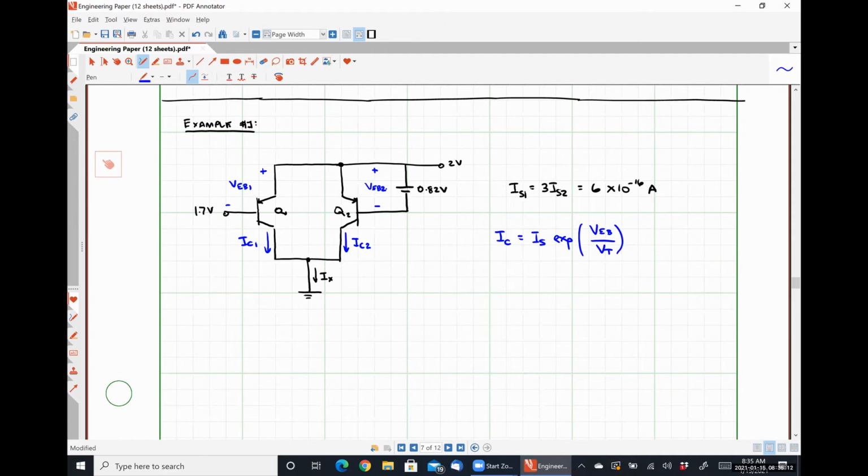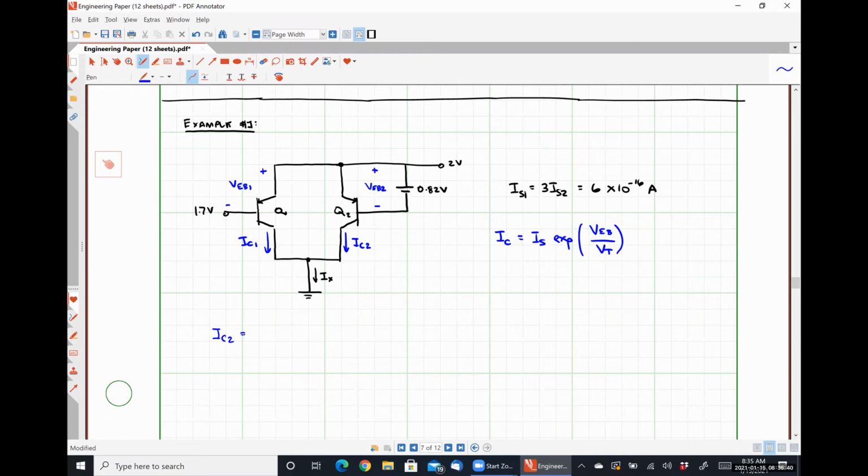Low-hanging fruit here, what's VEB2? 0.82 volts. It's literally given to us. So we can determine that IC2 is going to be, what's IS2 in this case? We're told that IS1 is equal to 3 and IS2 is equal to 6 times 10 to the negative 16 amps.